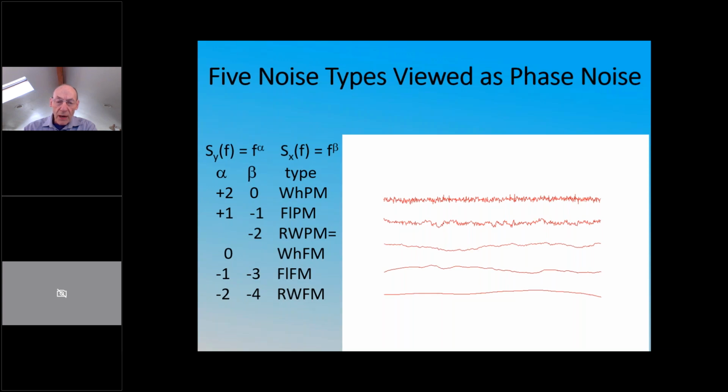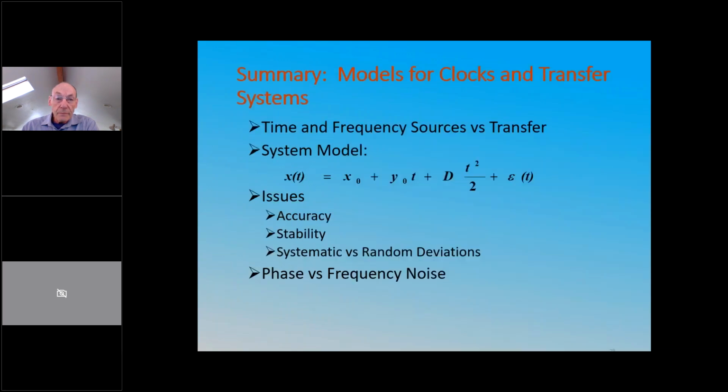If you look at the very bottom one, the random walk in frequency, it almost looks like a parabola over different periods of time. And so a random walk in frequency is very difficult to differentiate from a linear frequency drift.